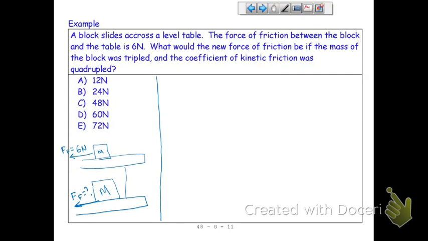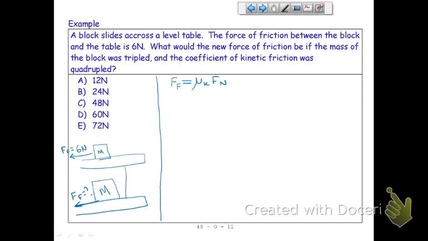So I think layout's really important in this as well. The first thing you do, you say, well, what governs this? It slides across, so FF is equal to the kinetic friction, mu k times Fn. That's my relationship.